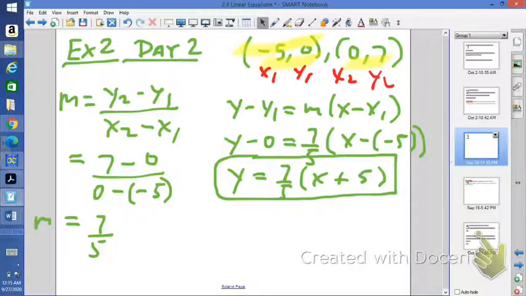Again, I want you to get practice in putting it in slope-intercept form. Because really, again, we use point-slope in order to convert into slope-intercept. And we do that because it's easier to graph an equation of a line in slope-intercept form.